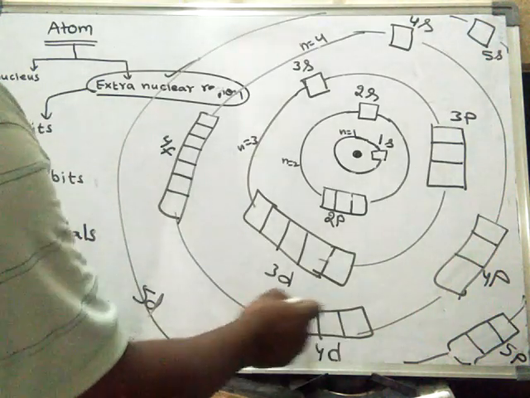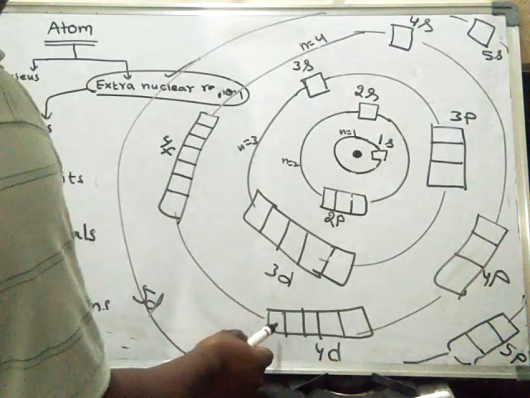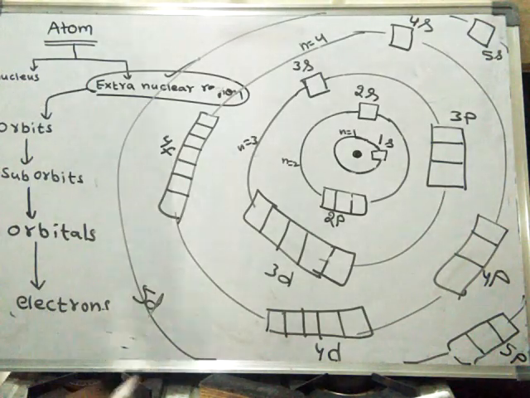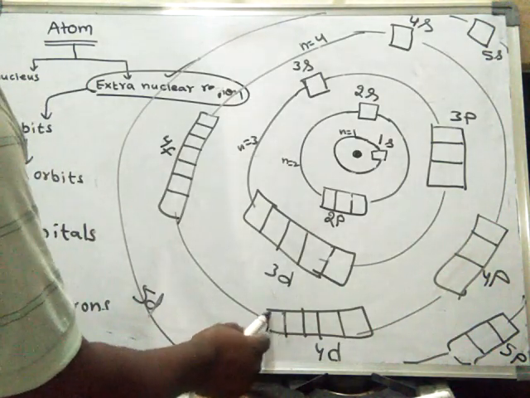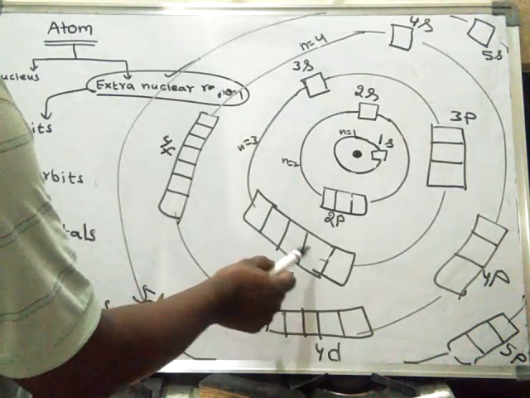This is the 4D suborbit. It contains 4D orbitals. How many 4D orbitals are there? 5. How many 3D orbitals are there? 5.